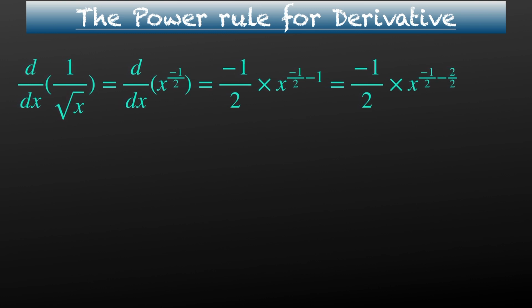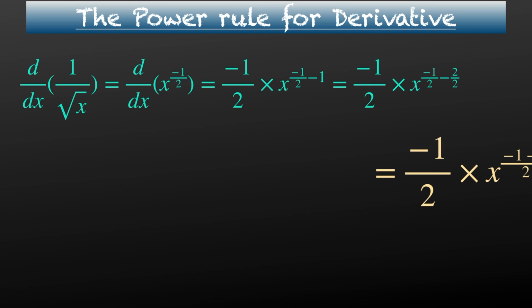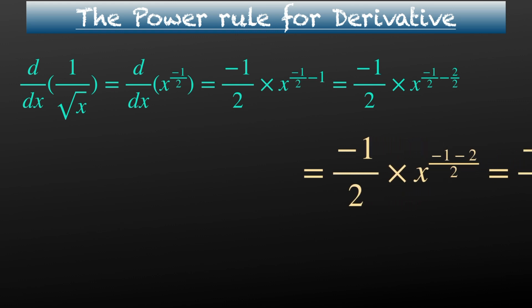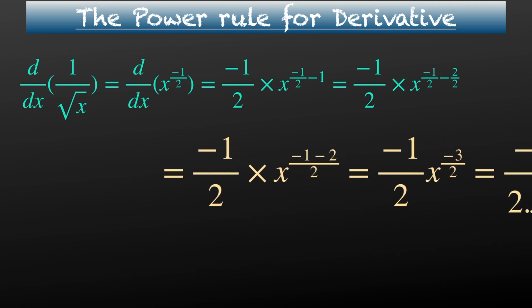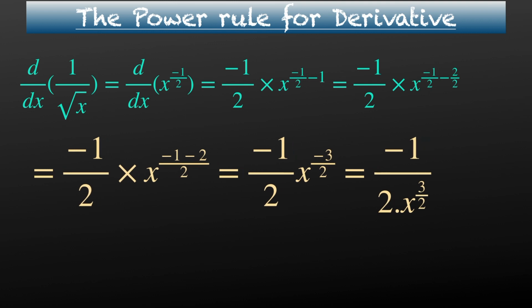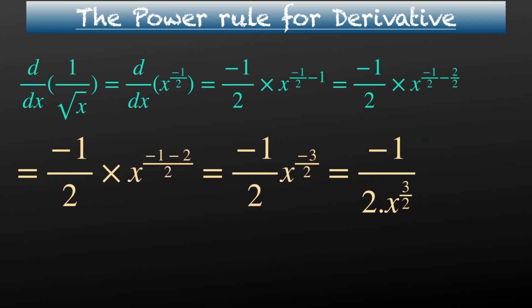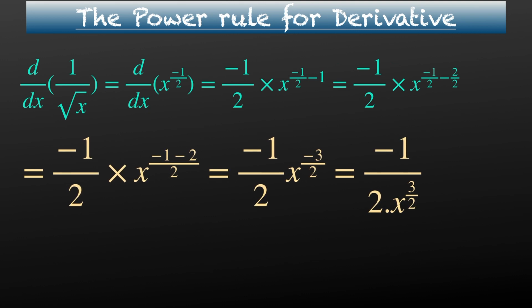Now by applying the power rule, we bring minus 1 by 2 up front, multiply it with x and the power goes down by 1. And you will get the answer by simplifying this expression: minus 1 by 2 into x raised to power minus 3 by 2. It's your choice. You can leave the answer like this or put it in simplified form. By simplifying this expression, we will get minus 1 by 2 into x to the power 3 by 2 in the denominator.